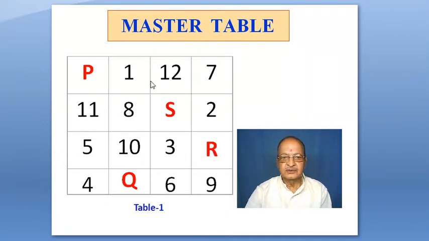So, if you want to note it down on paper: P 1, 12, 7, 11, 8, S 2, 5, 10, 3, R 4, Q 6, 9.